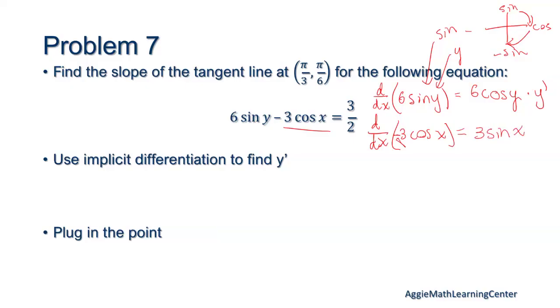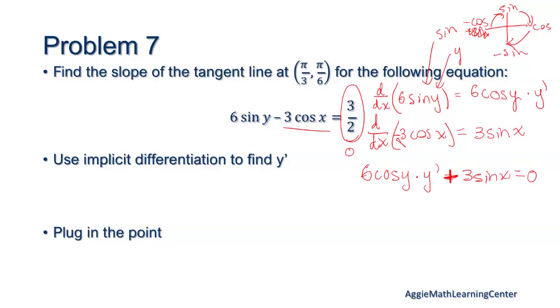You could have also just done negative cosine, either one. Cool. And then what's the derivative of this guy? 0. Yeah, that was not a trick, I promise. Now I'm just gonna put these back together. So it's gonna be 6 cosine y times y prime plus 3 sine x equals 0.